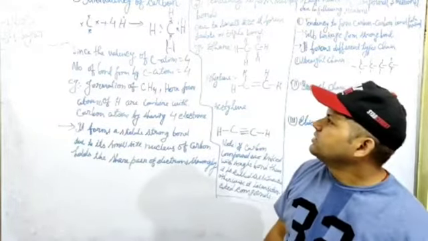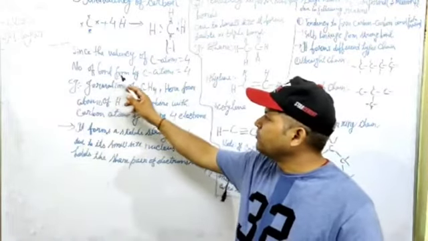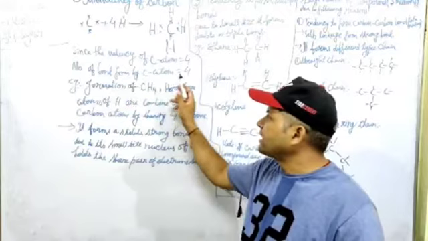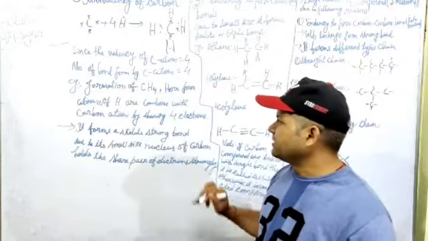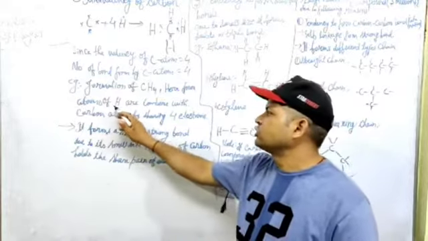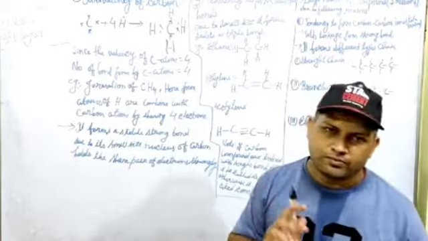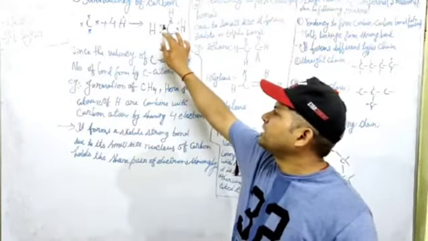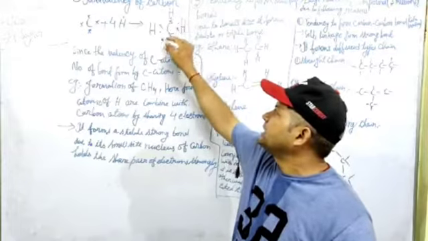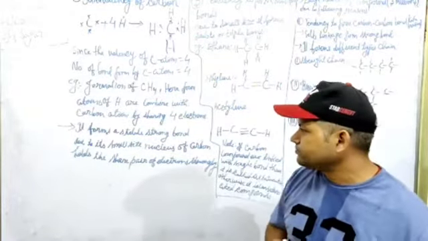Since the valency of the carbon atom is 4, the number of bonds formed by the carbon atom is 4. The example is methane. Here 4 atoms of hydrogen are combined with the carbon atom by sharing 4 electrons. 1 electron of hydrogen and 1 electron of carbon are shared here to complete the octet.